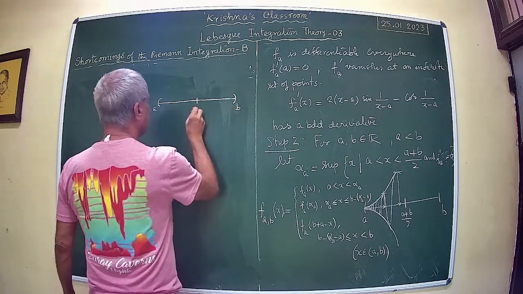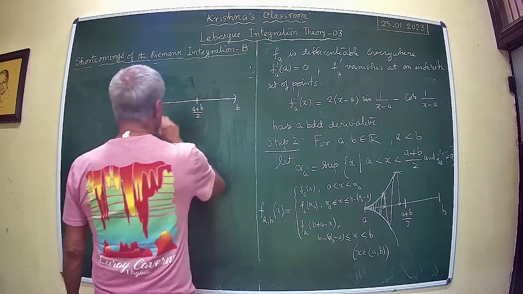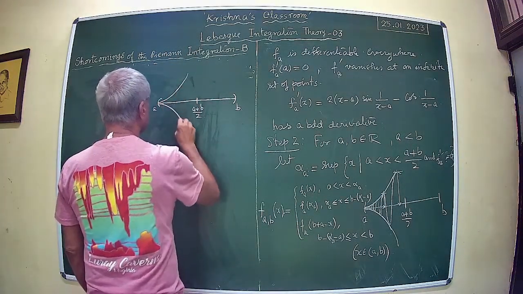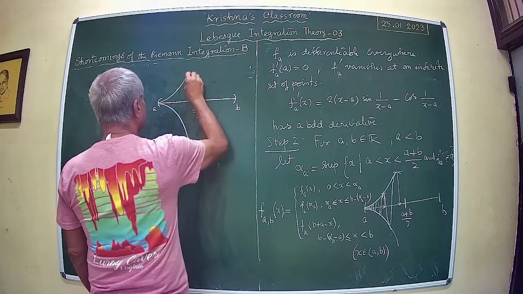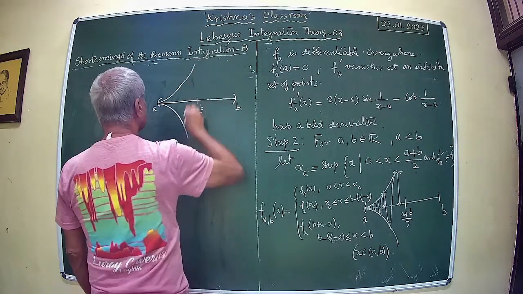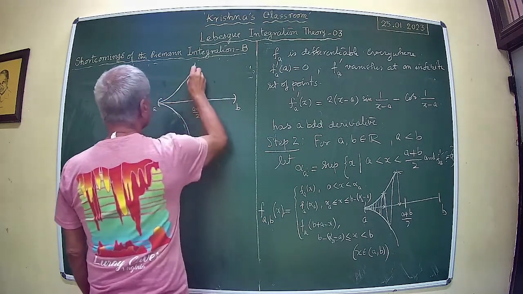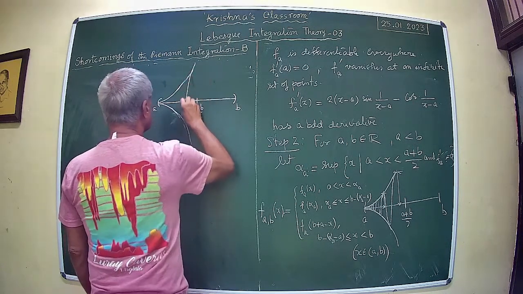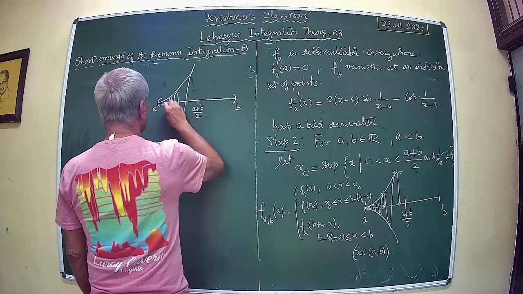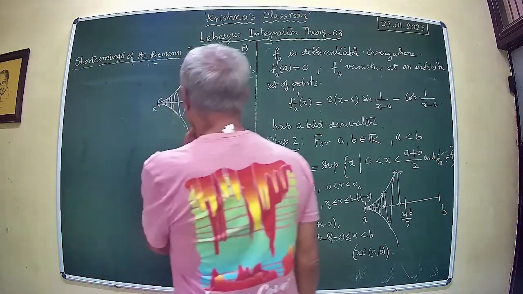Then this is the midpoint (a+b)/2. And this is the function.